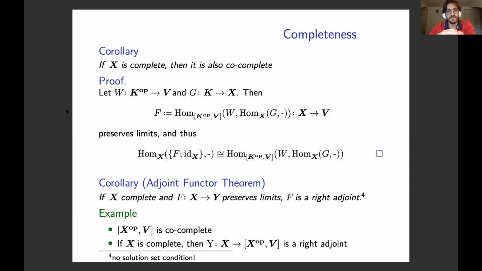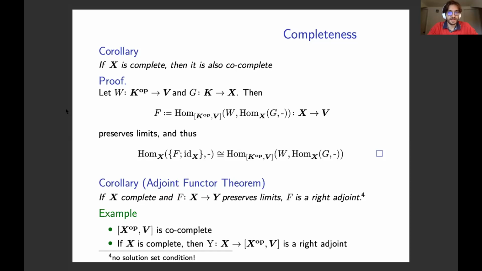So we have that the colimit of G and W is given by the limit of F weighted by the identity. And so this shows that every colimit can be obtained by a limit. And with similar techniques, we can show the adjoint functor theorem.